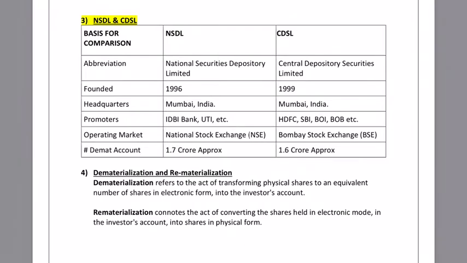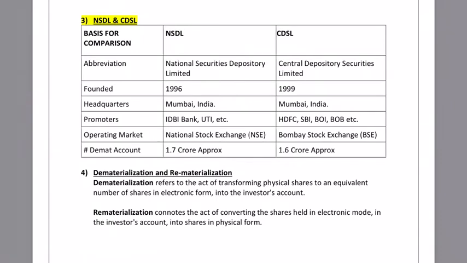NSDL was founded in 1996 and CDSL was founded in 1999, and both are headquartered in Mumbai. The promoters of NSDL are IDBI Bank, UTI, and so on. For CDSL, it is HDFC Bank, SBI, Bank of India, Bank of Baroda, and so on.